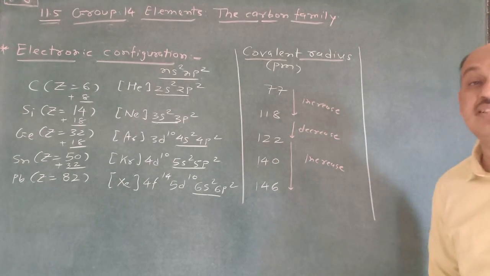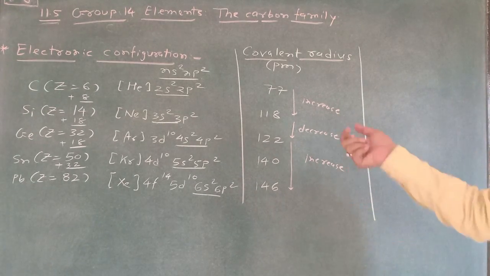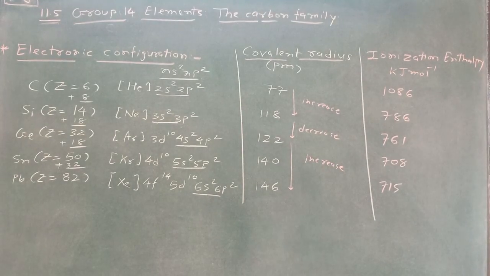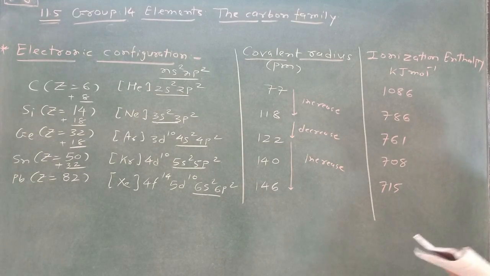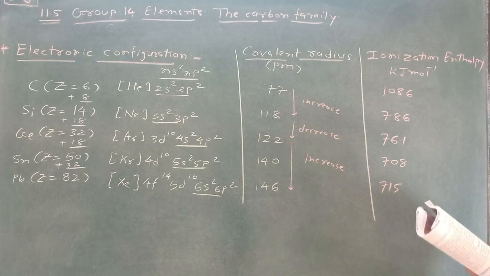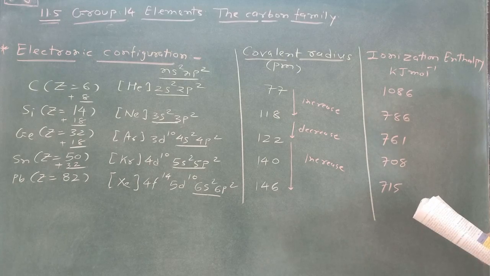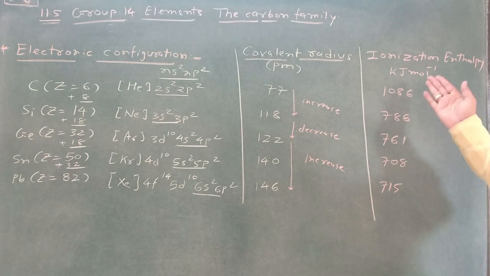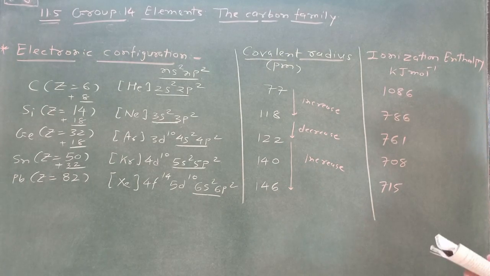Now we switch to ionization enthalpy. So write it completely. According to your NCERT textbook, the first ionization enthalpy of group 14 members is higher than the corresponding members of group 13. It's correct, because as you observe, this 1086 value is very high.